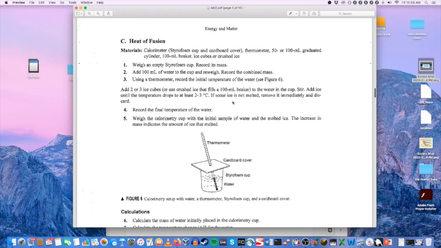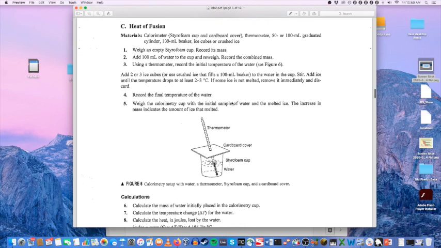Once the ice is all melted, we place the styrofoam cup onto the balance again to measure its mass and see how much ice was added. And recording the final temperature of about 2 degrees gives us all of the information we need to determine the heat of fusion of water.